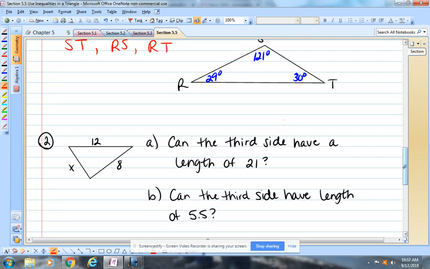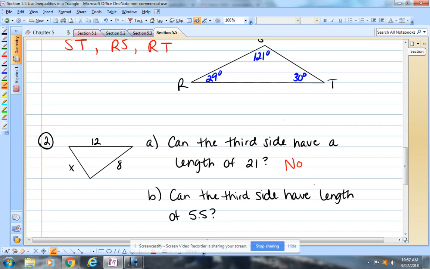If I add 12 and 8, their sum has to be greater than this side, whatever it is. If I add 12 and 8, what do I get? Is 20 greater than 21? No. So is it possible for this to be a triangle if this one's a 21 then? No. Does that make sense? Because 21's too big. I need it to be a number smaller than 20. Does that make sense?